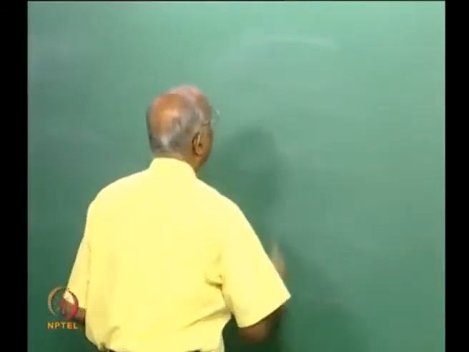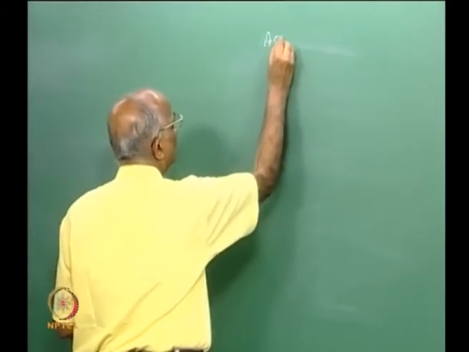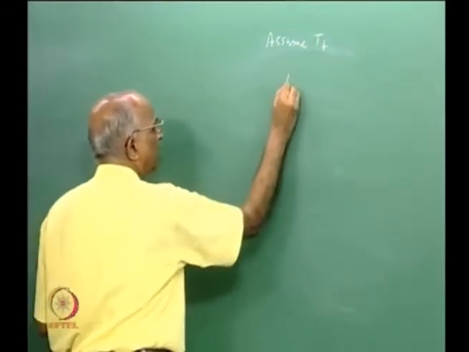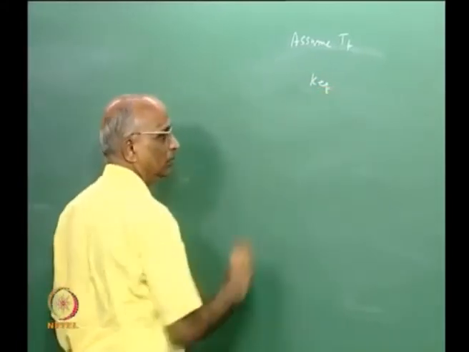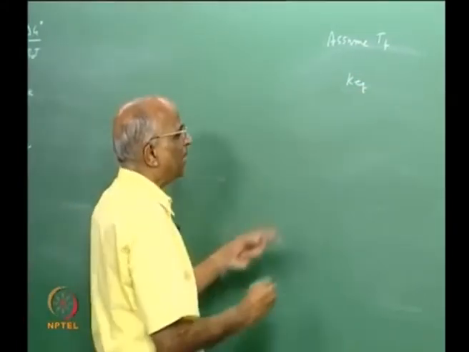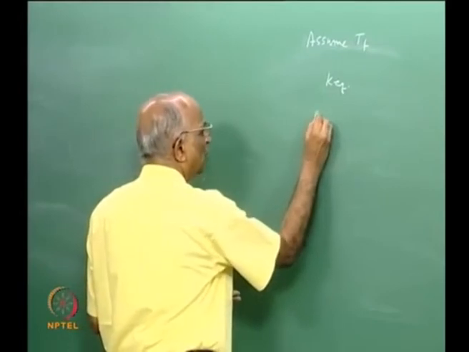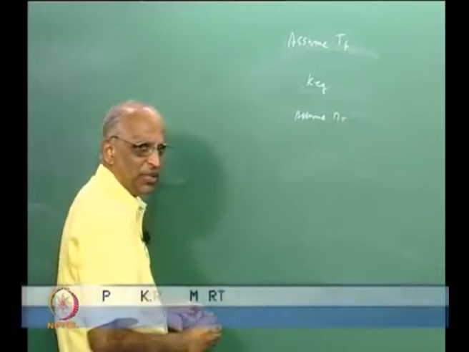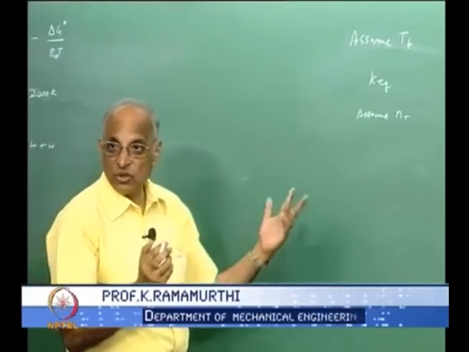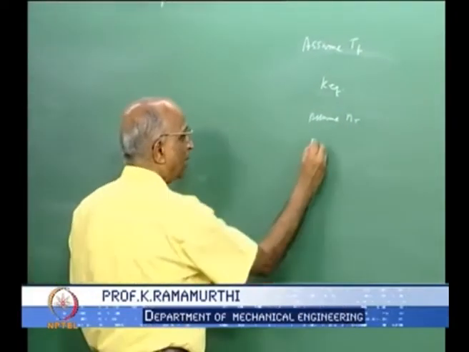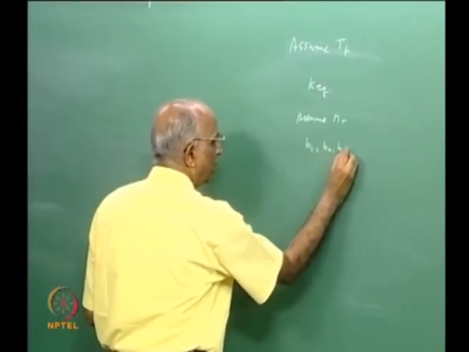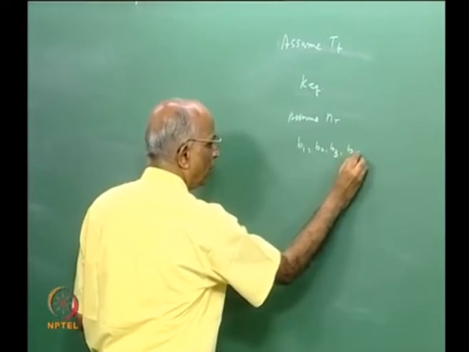Let us put these two iterations together. To begin with, I assume the value of Tf, then I determine the values of K equilibrium. Then once I have determined K equilibrium, I again assume the value of total number of products which are available based on stoichiometry. Then I calculate the value of B1, B2, B3 and B4.